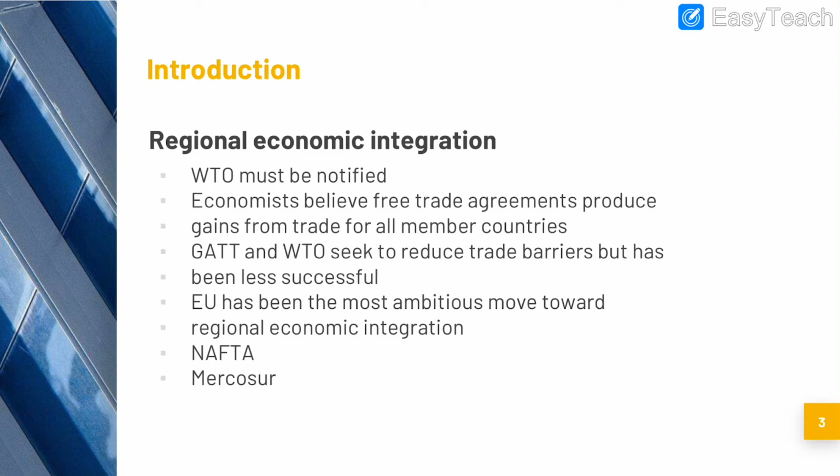The EU, European Union, has been the most ambitious move toward regional economic integration. And we have NAFTA, the North American Free Trade Agreement, and also Mercosur, the South American regional economic organization. Okay, all these are examples of regional economic integration.